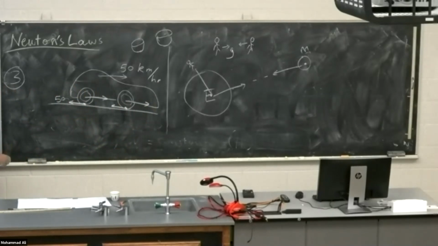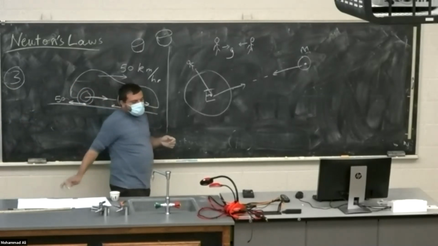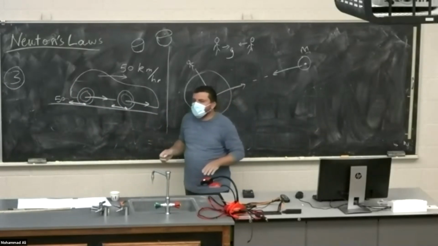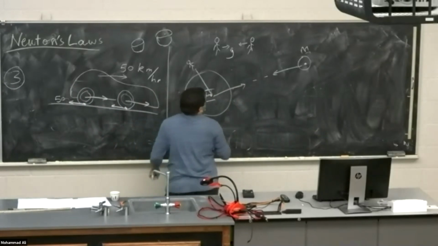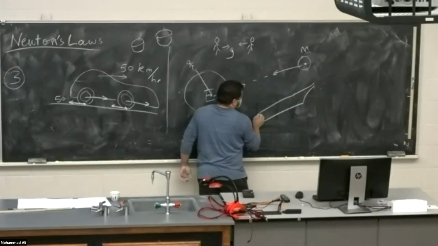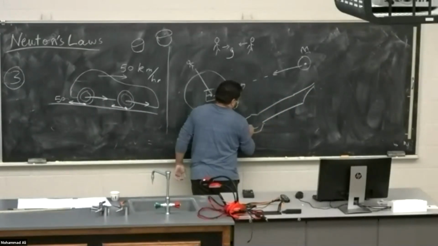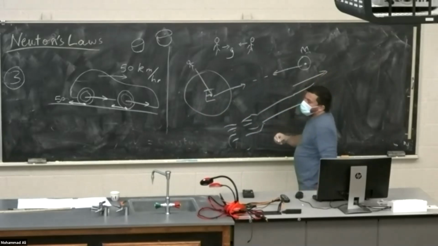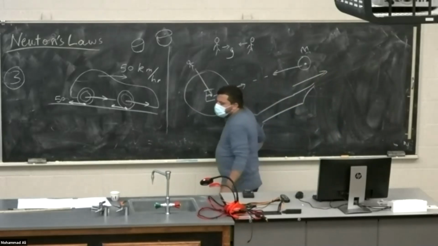Also, in our motion, we are pushing, as I said before. I push the ground backward, it pushes me forward, and so on. You will see also the rockets. There is a backward momentum and a forward momentum, and so on.